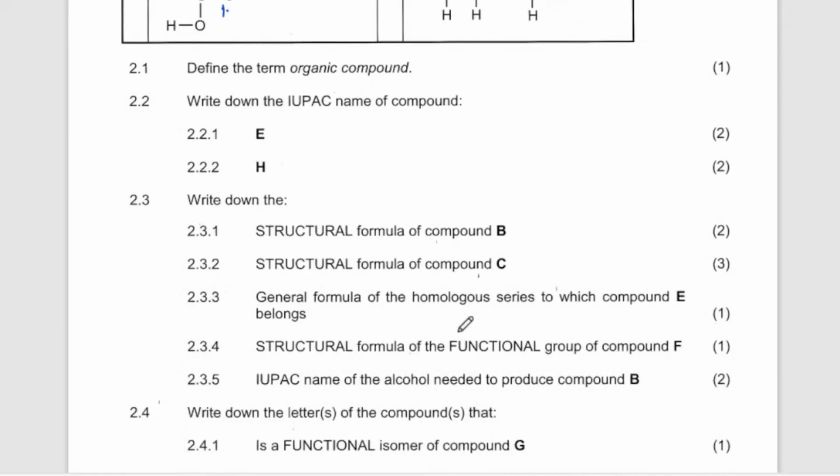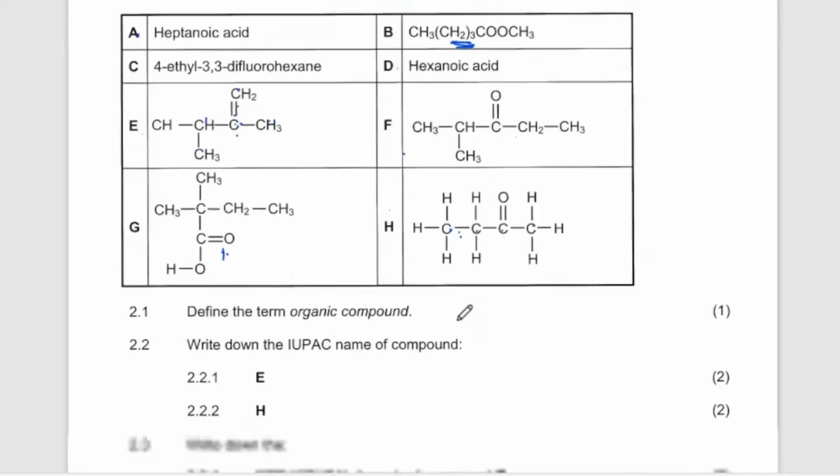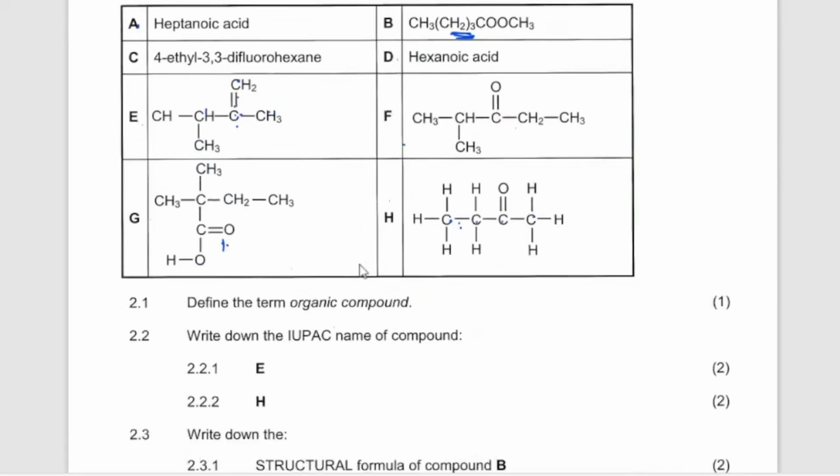Then we go to the structural formula for compound C. Here they want the structural formula for compound C. Okay, let's write it. Hexene: 1, 2, 3, 4, 5, 6. Difluoro is 3, 3. Let me just count from here: 1, 2, 3. So I have a fluoride here, and a fluoride here.